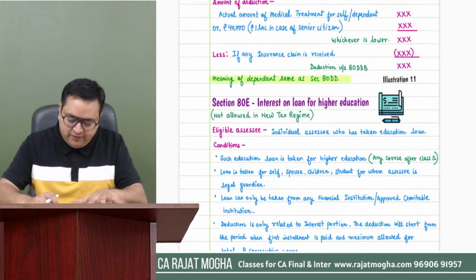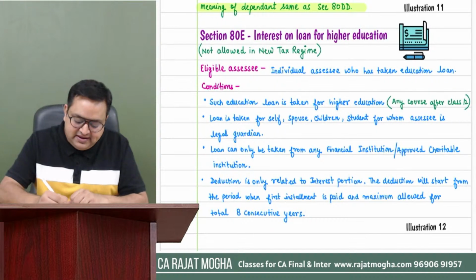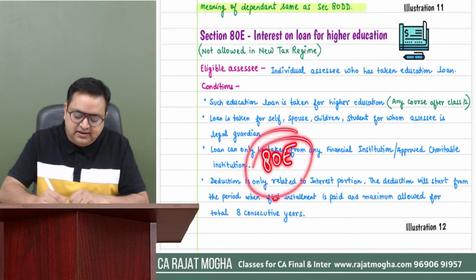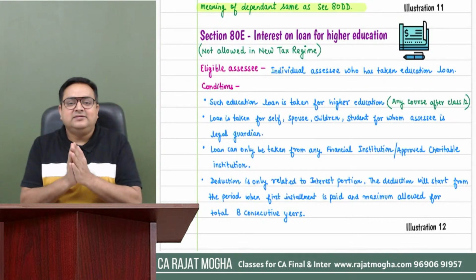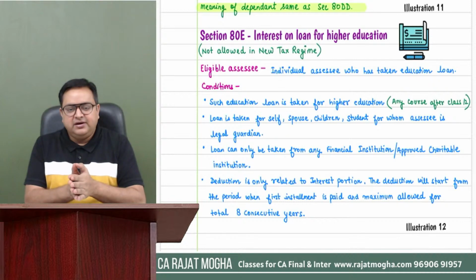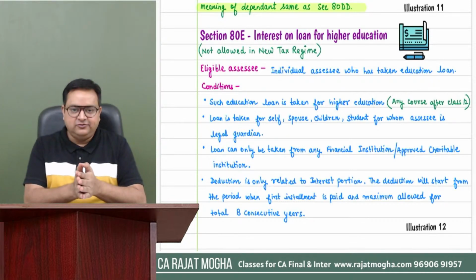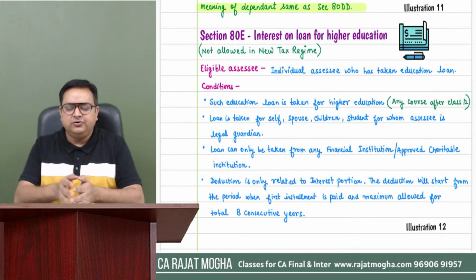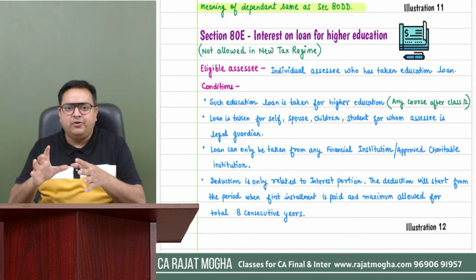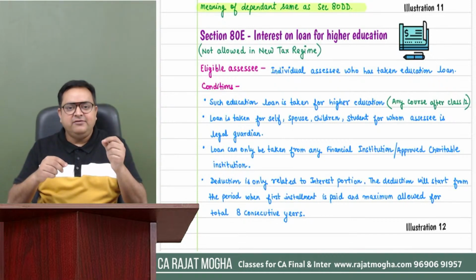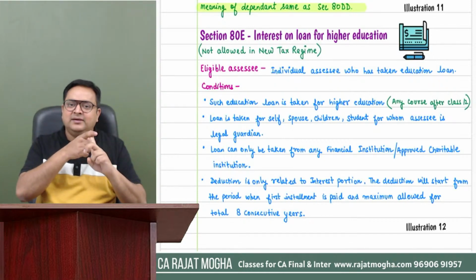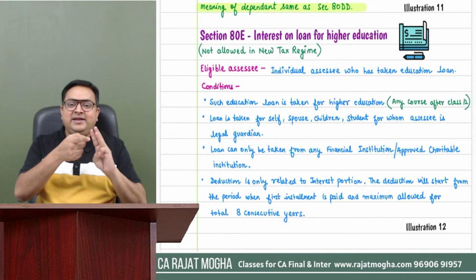Okay. Now we are coming to the family of 80E. In 80E, we have four sections, although one of the sections, 80EE, is not that important. So here we will discuss 80E, 80EE, 80EEA, and 80EEB.